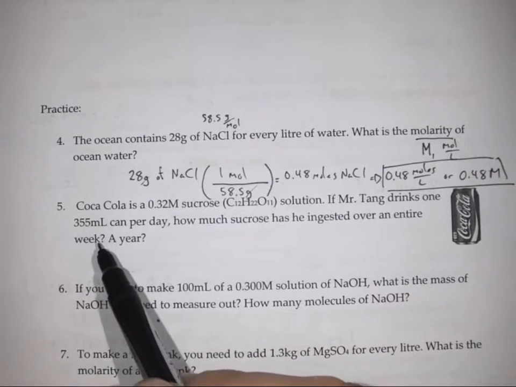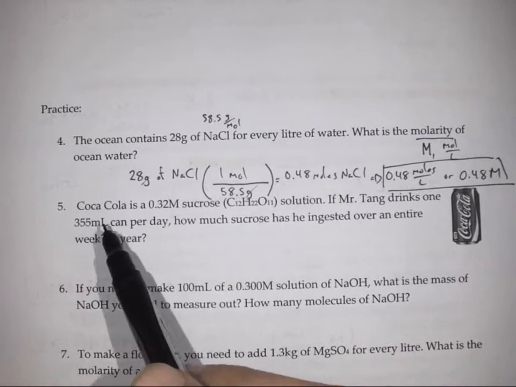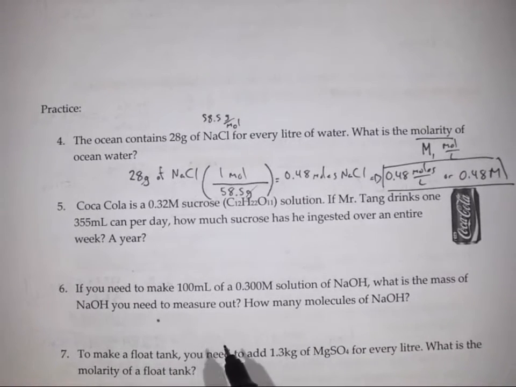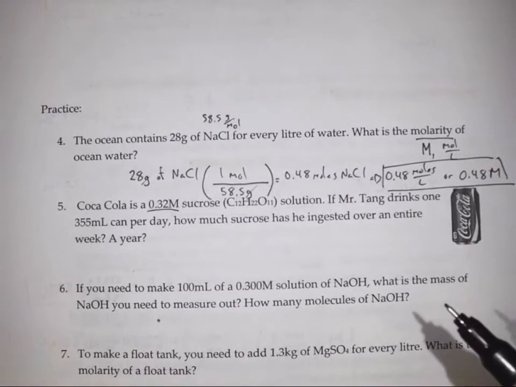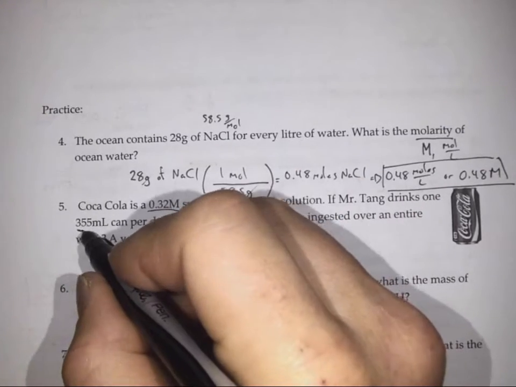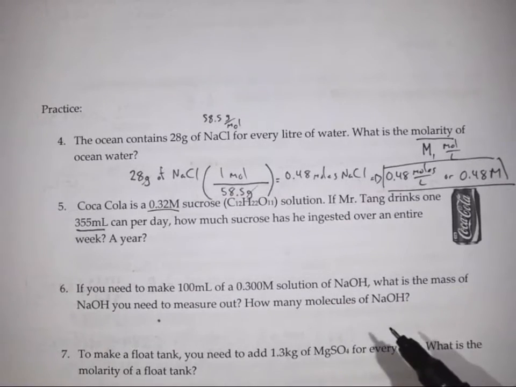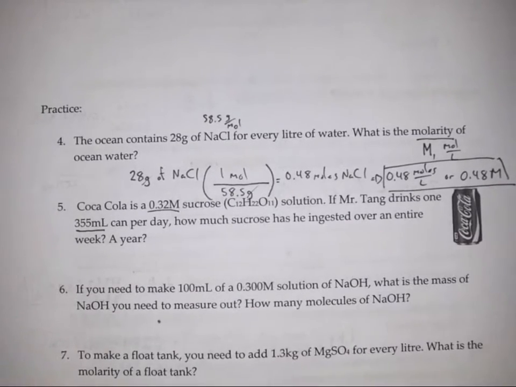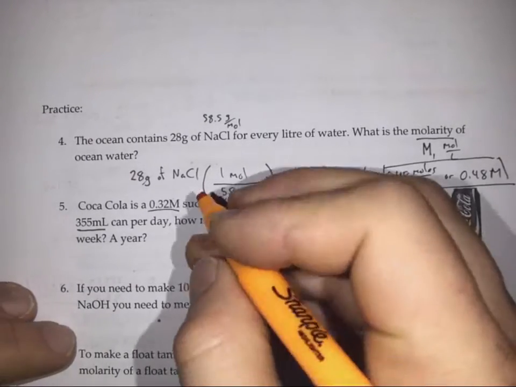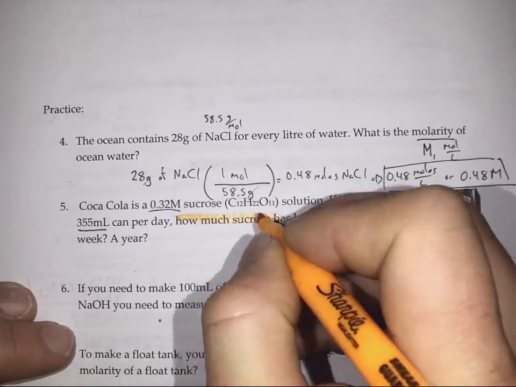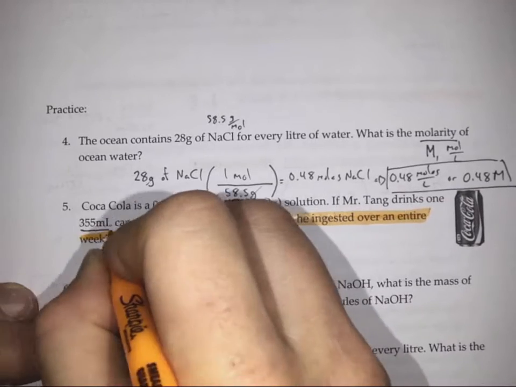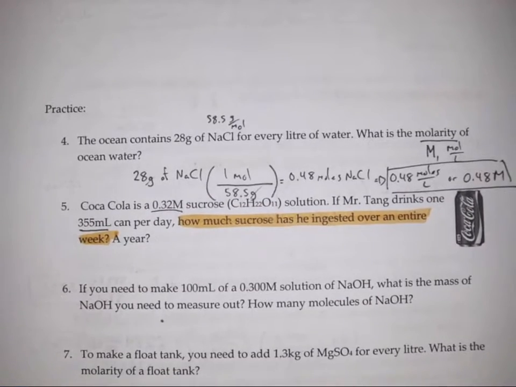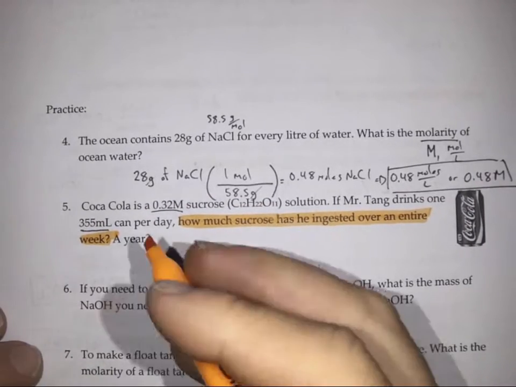All right, well, where should we start here? Looks like we have lots of information. We know that Coca-Cola has a concentration. We know that we have a specific volume of Coca-Cola. And we're asked about how much sucrose he has ingested over an entire week, and a year.